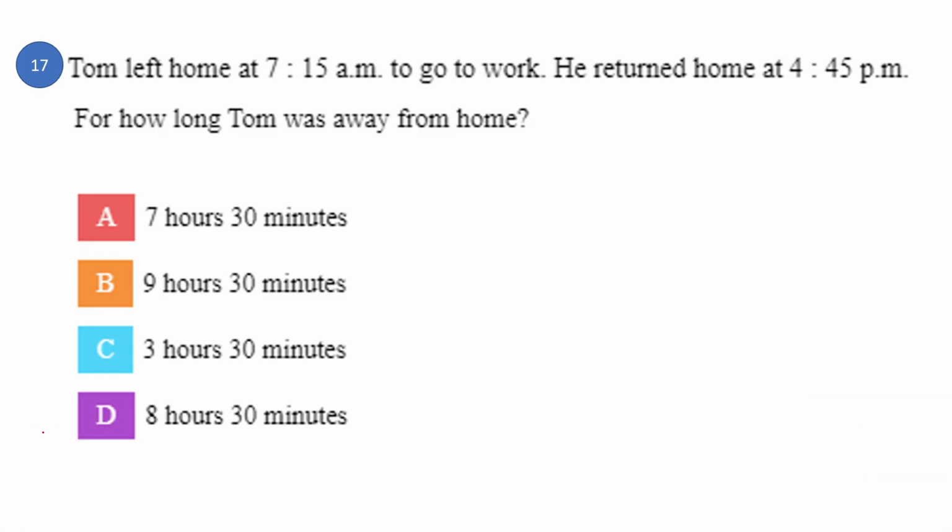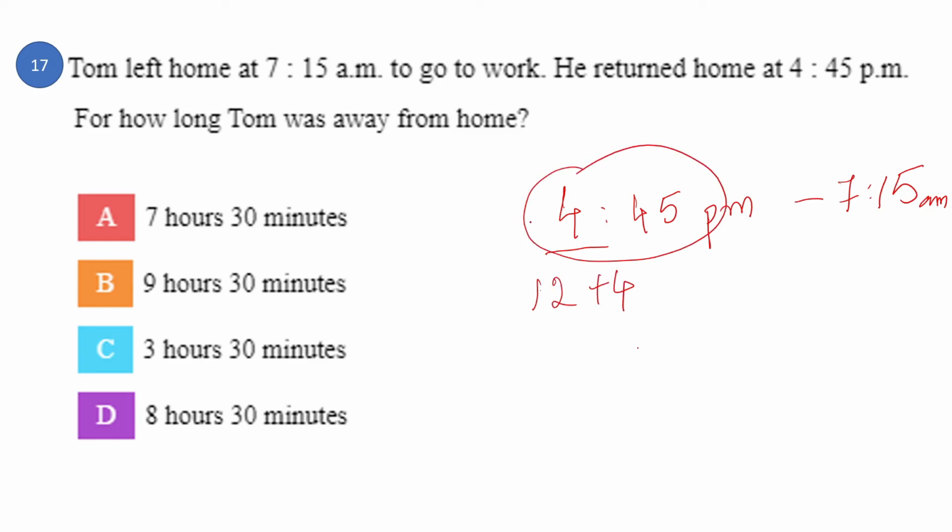Where the answer here is 4:45 p.m., that is the ending time, minus 7:15 a.m. Now, you remember to convert to p.m., all we need to do is add 12 plus 4. So this entire time becomes 16:45.